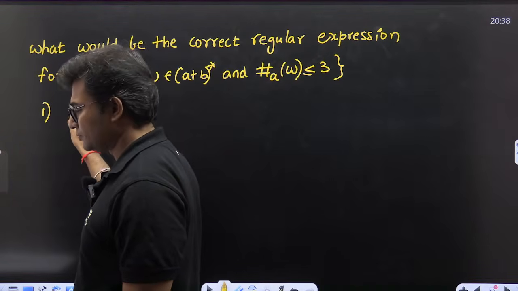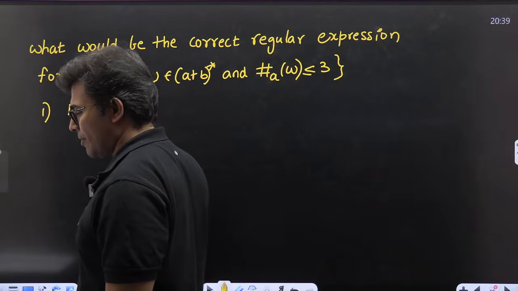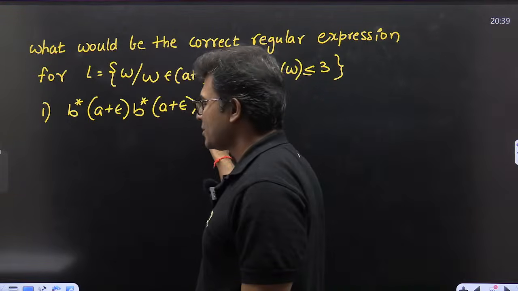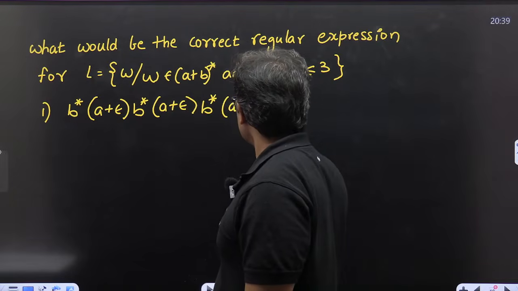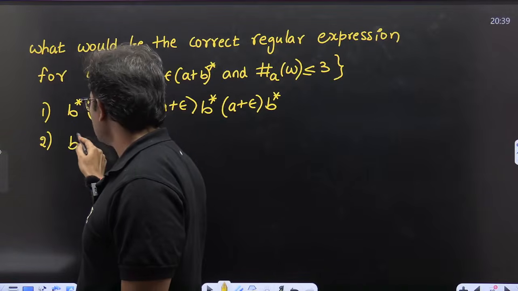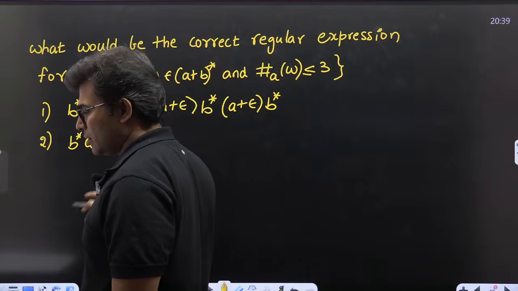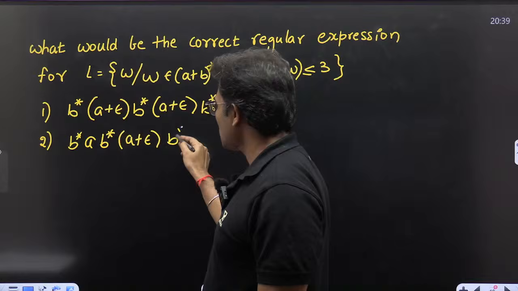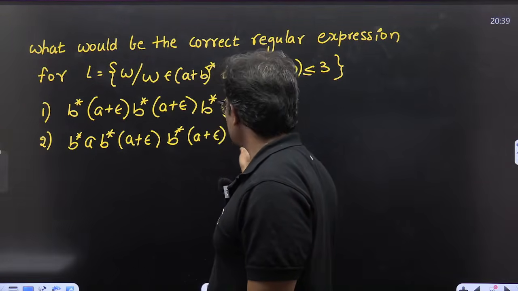Option 1: B star, A plus epsilon, B star, A plus epsilon, B star, A plus epsilon, B star. Option 2: B star A B star, A plus epsilon, B star, A plus epsilon, B star.